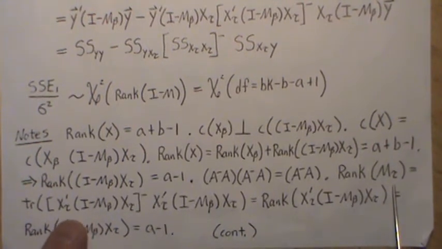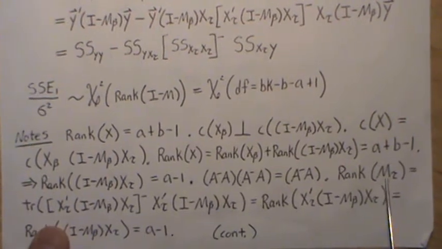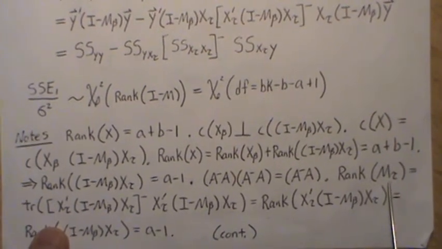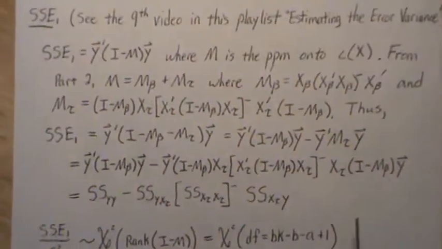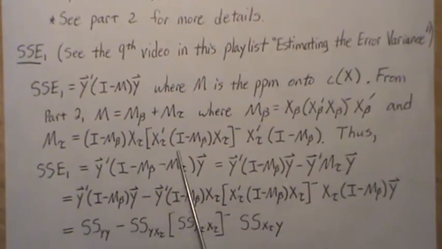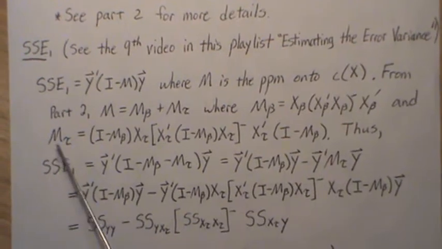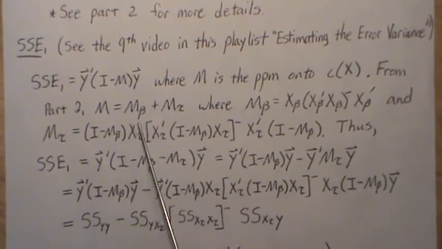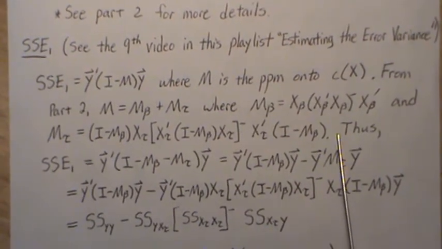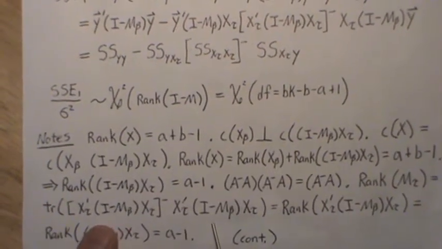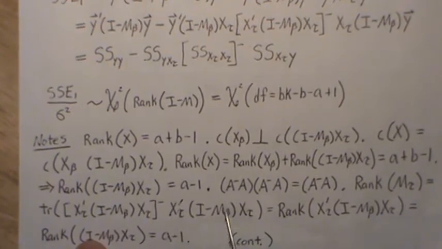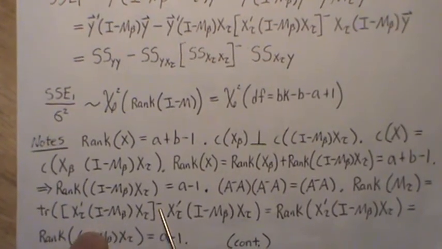Okay, so the rank of m tau, since it's a perpendicular projection matrix, it's idempotent, so it's equal to the trace. Now remember, m tau is this piece here. So we say the rank of m is equal to the trace, but in the trace, we can move this piece to the back. And that's what I do here. Now notice we have a matrix pre-multiplied by its generalized inverse matrix.